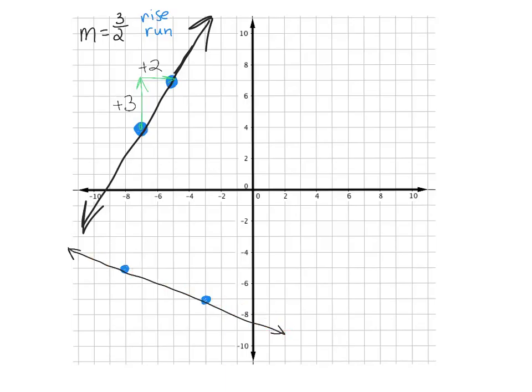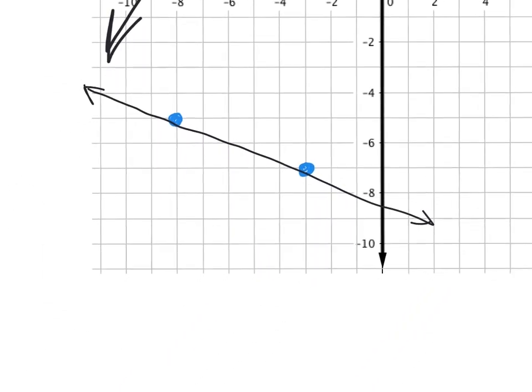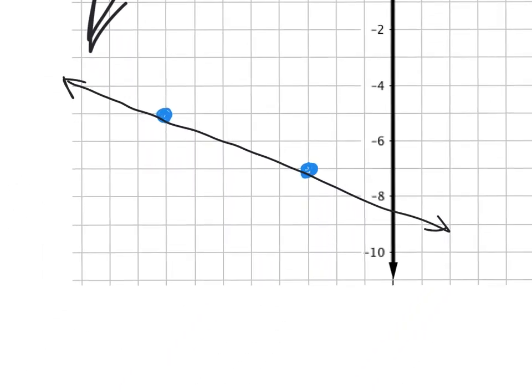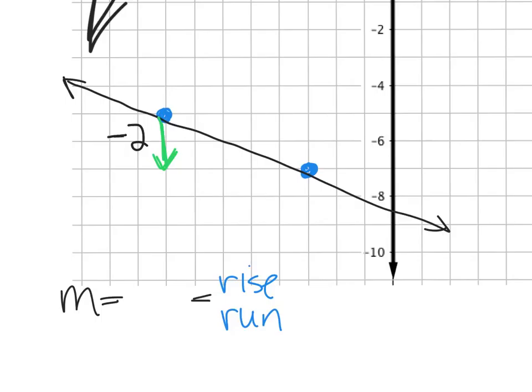Now, specifically, if we want to know what that slope is, we're going to zoom in, and remember, slope is going to be that rise over run. Now the rise, going from the top dot to the bottom dot, is actually a negative rise because we see that it goes down 2. So the rise is a negative rise. Now the run is always going to be positive as you're going from left to right.